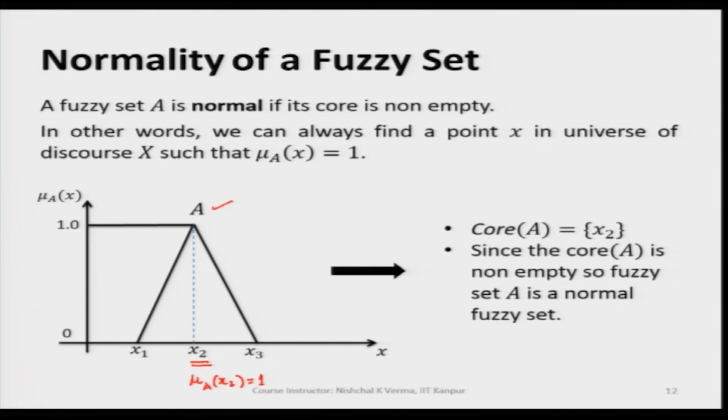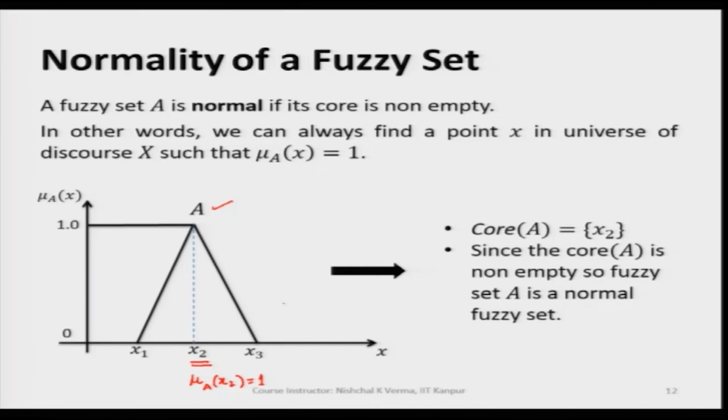If we have such a case where we get at least a point like this, we can say the fuzzy set is a normal fuzzy set. There may be cases when we may not be able to find any such point for which the corresponding membership value is 1. This kind of fuzzy set is referred to as a subnormal fuzzy set.